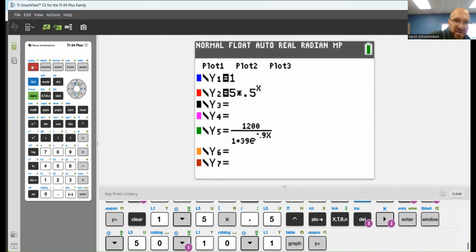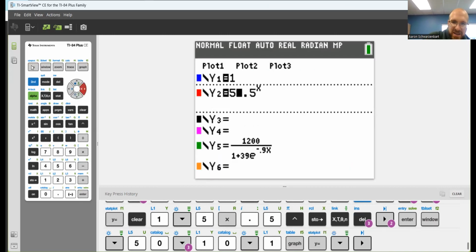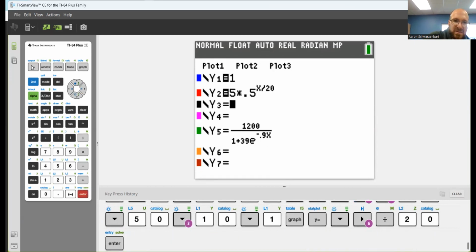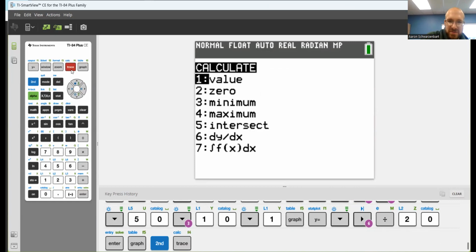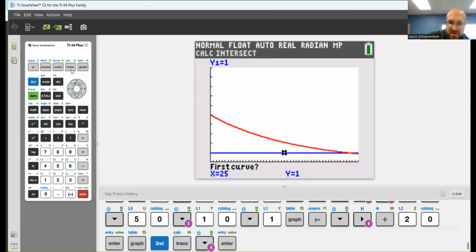Oops, I forgot something. It's 0.5 x, and that exponent, I need to divide it by 20. And it looks like it's just past 50, or just before 50. 46.43.